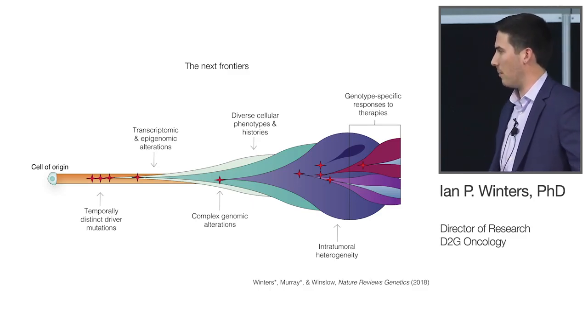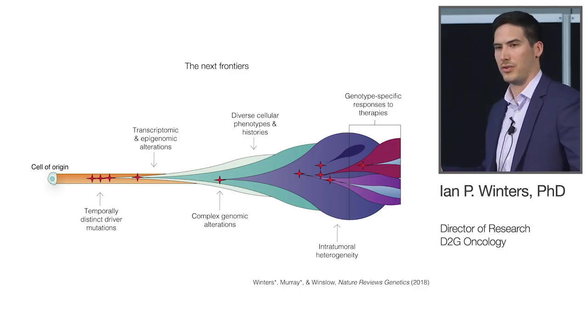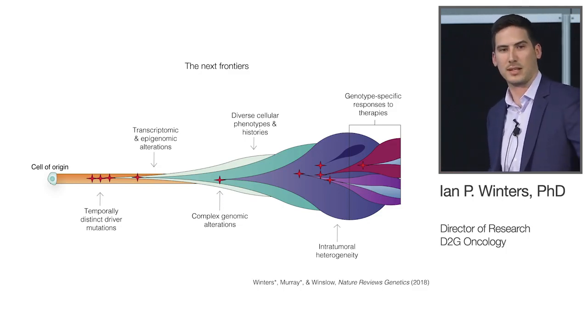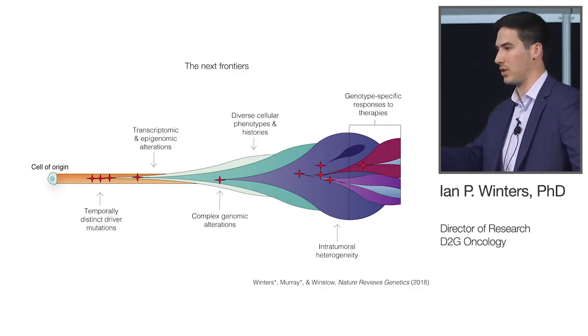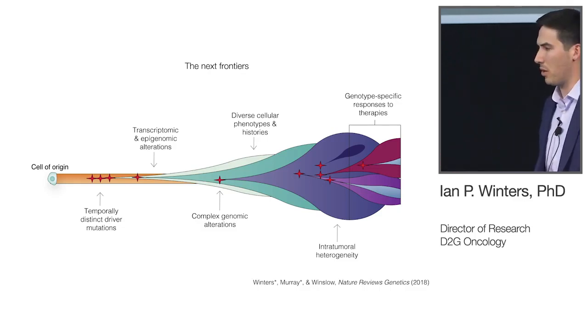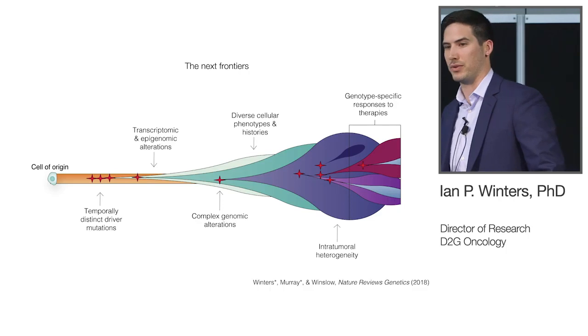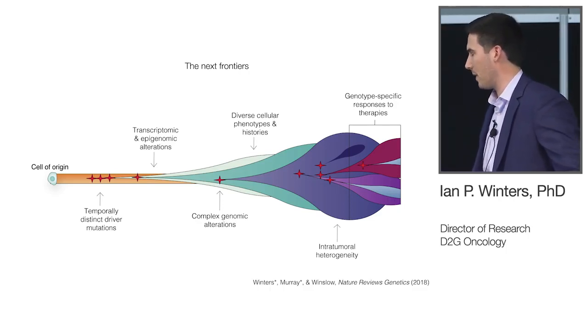For example, understanding how the temporal sequence of alterations impacts tumorigenesis and response to therapy is still a challenge. It's still technically hard to create alterations in a temporally distinct fashion. Also, doing transcriptomic and epigenomic alterations, as opposed to just DNA-based alterations, is hopefully a next step we'll get to.